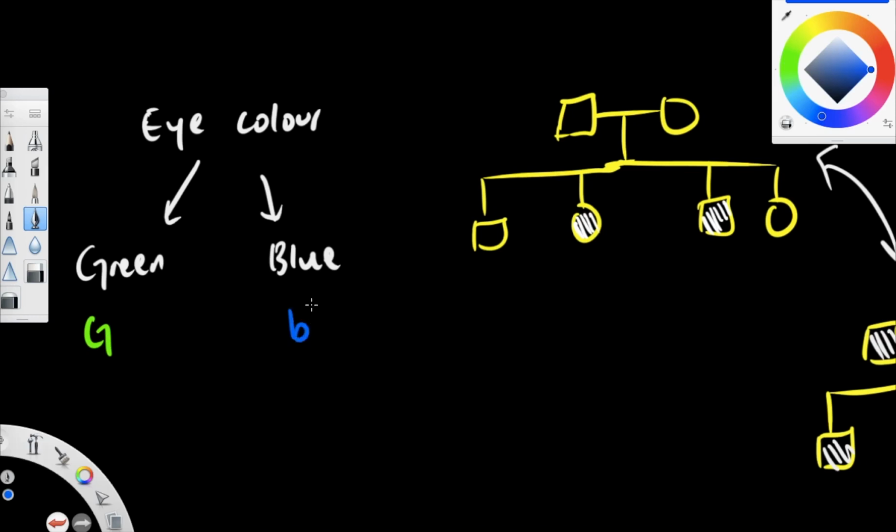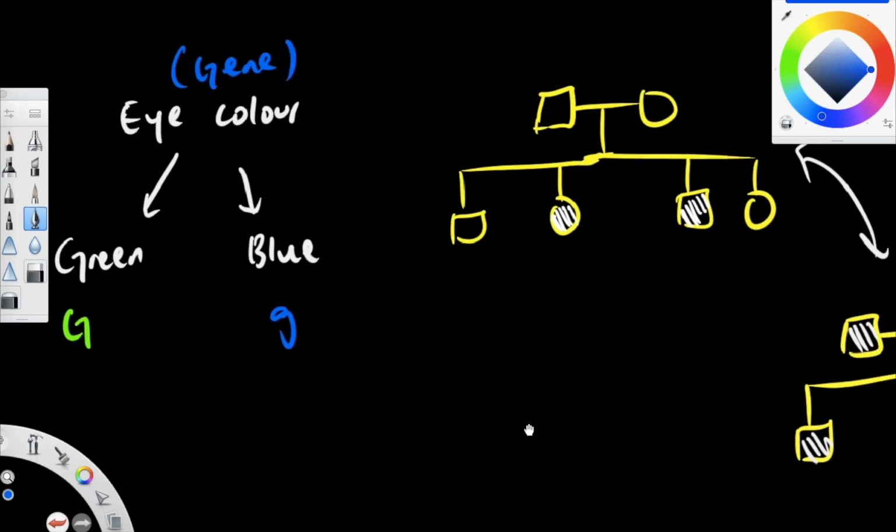So we'll denote capital G as green and lowercase g for blue, because we want to keep the letters consistent, since they're talking about the same gene, right?